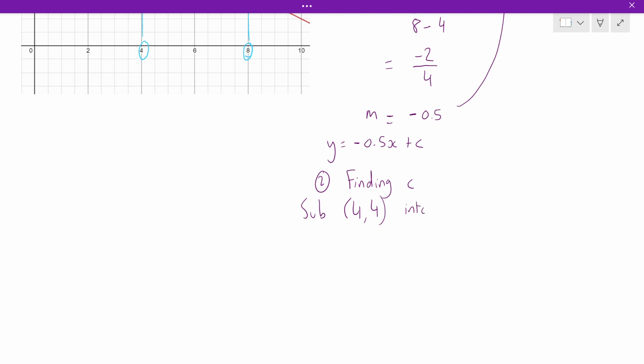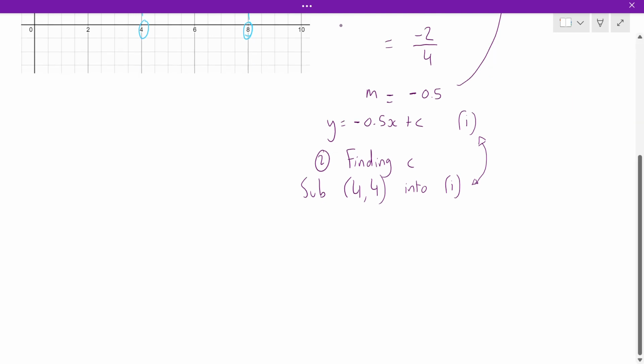So I'm going to substitute (4, 4) into this equation just here, which I'll title I. So these two things are the exact same thing, just so I don't have to write out the whole thing again. So instead of my y value, I'm going to put 4. That's coming from my coordinate.